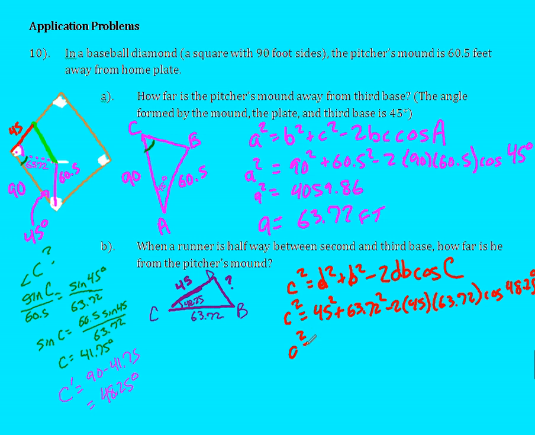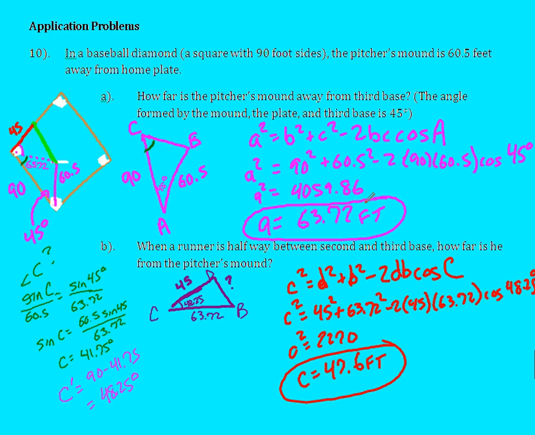That means C squared, when I do that, will equal 2270, and that means C will equal 47.6 feet in the end. So there's your answer for that. Again, if part B is a little bit confusing, don't worry, it won't be nearly that difficult on your test. Mainly, if you can do part A, you should be in good shape.